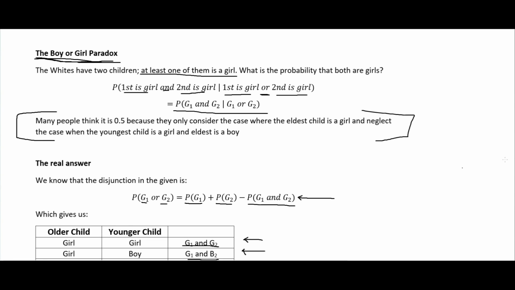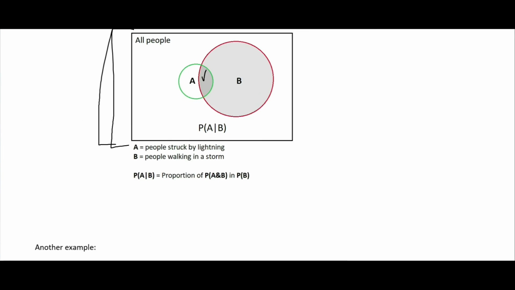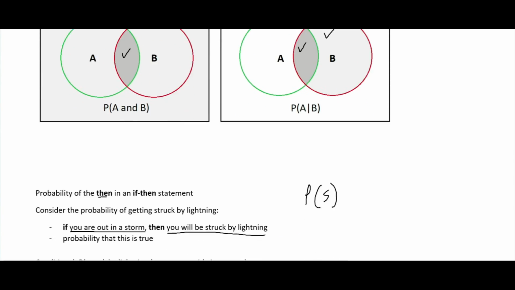And so, after we go through all this, we end up with the real answer, which is the 1/3 here. But anyway, I don't want to belabor this too much.